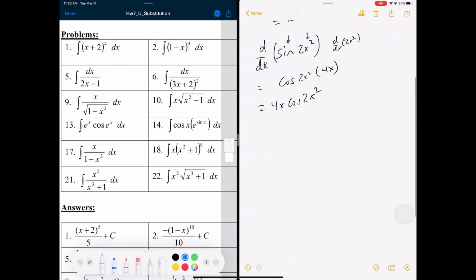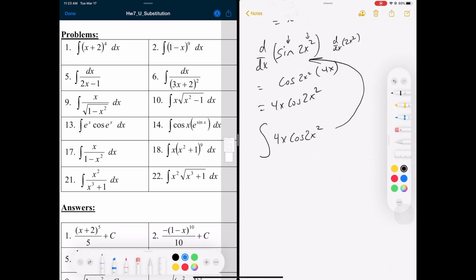Now, if we want to go backwards, the integral of 4x cosine of 2x squared, how in the world were you supposed to know this was just sine of 2x squared? If you look at your identity sheet of all your integrals, you are not given any integrals with a bunch of stuff in the front.